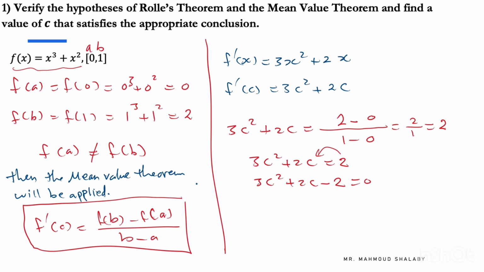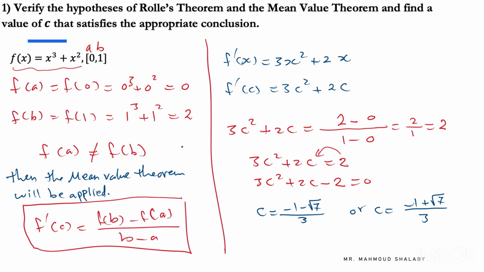So you will find the answer as c equals negative 1 minus root 7 over 3, and the other solution as negative 1 plus root 7 over 3. Am I right? You can check and let me know if there is any problem with the solutions here.